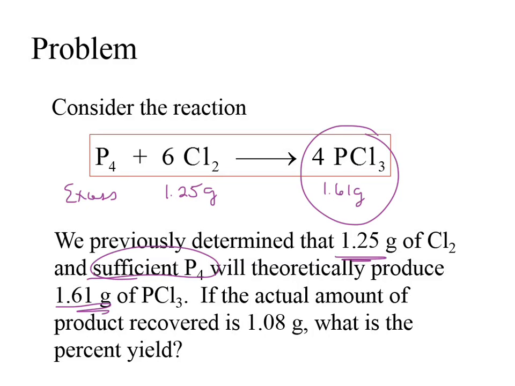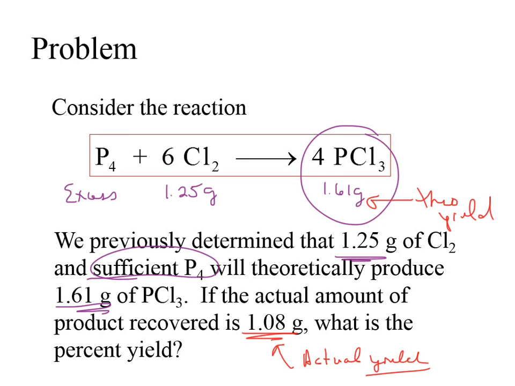That was just a stoichiometric calculation. Let's say in your lab that you actually only came up with 1.08 grams. So this is your actual yield. Sometimes in chemistry problems, it just takes a minute to identify what the numbers are. So our actual yield is 1.08 grams, and our theoretical yield is the 1.61 grams.